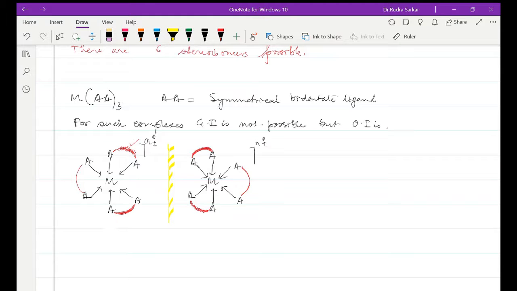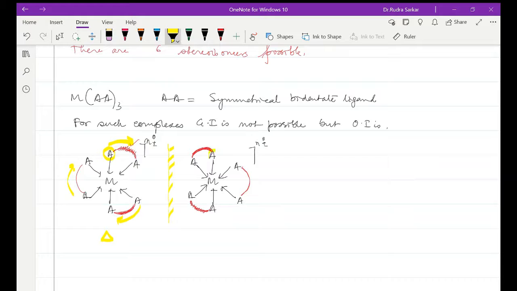Now what is important to understand over here is that when the connectivity of the A atoms goes in the clock hand direction like this, so this is the A atom, and the connectivity with the other A atom goes in the clockwise direction, just like that, then this will be called a delta isomer.